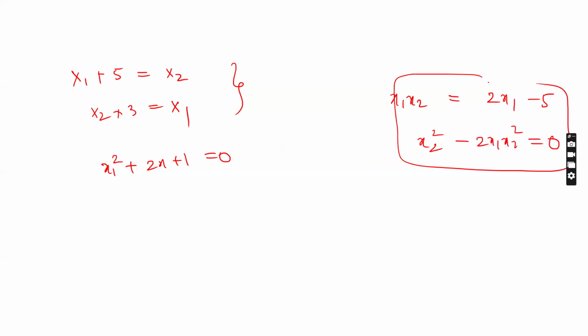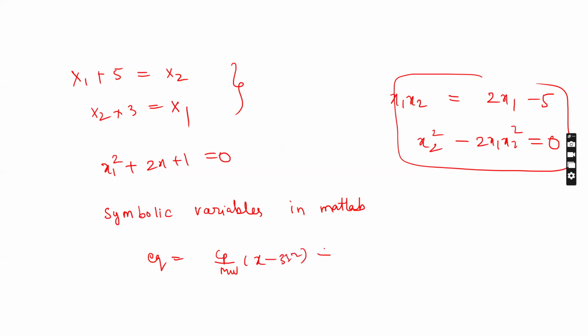So I suggest you go through the symbolic variables in MATLAB. Okay, here you can mention this equation is equal to whatever we have here, Cp by molecular weight, (T2 minus T1) is like x, x minus 322, plus what we have u1 square.